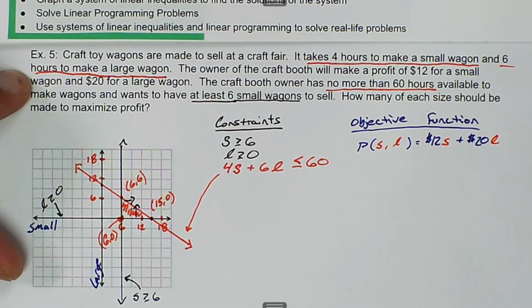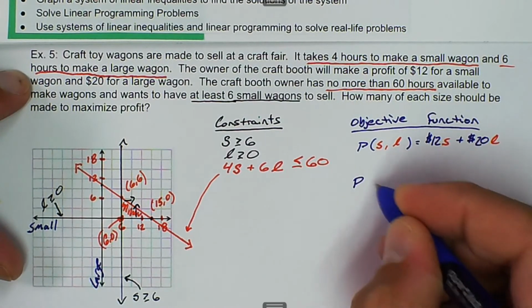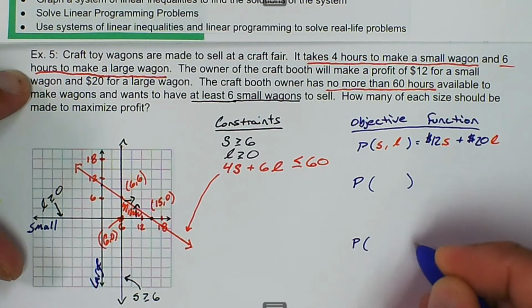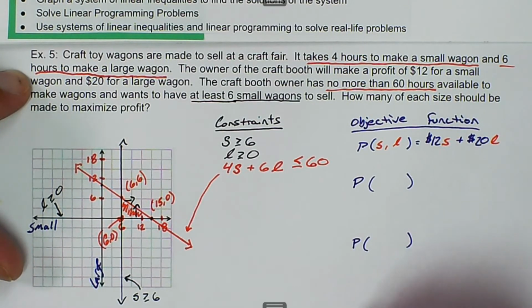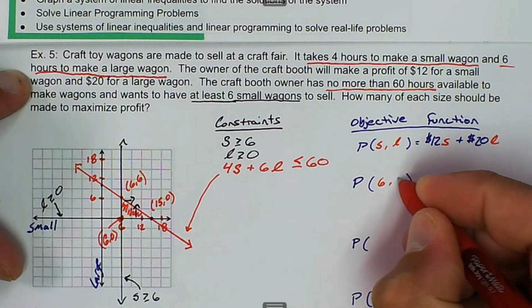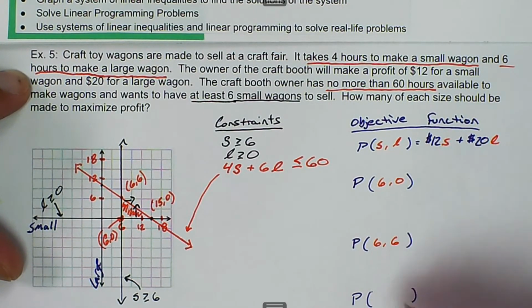And then we just have to check our 3 vertices. We're trying to check the profit for our 3 vertices. And our 3 vertices that we have to check are 6, 0, 6, 6, and 15, 0.